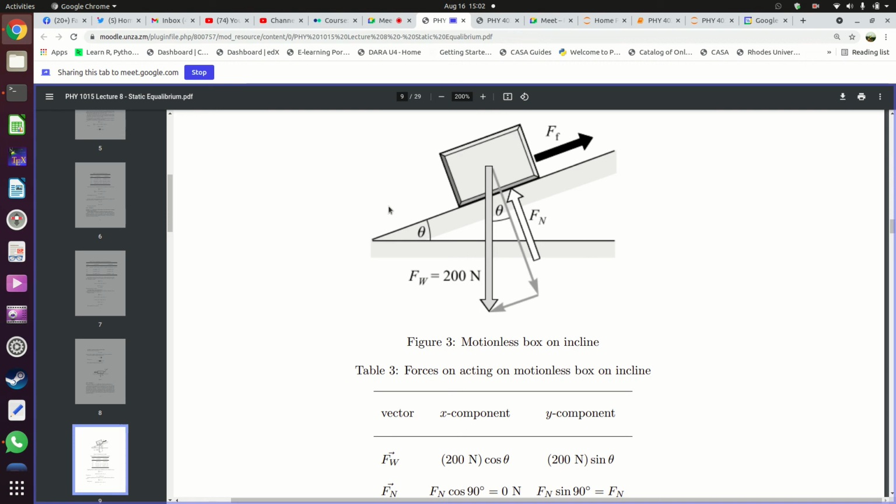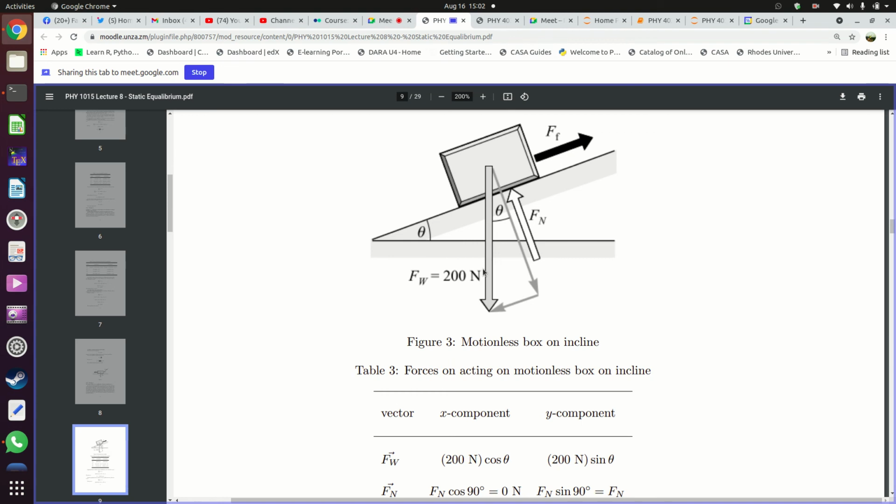You can put an XY plane over this box. The direction in which the box is going to slide, or tends to move, becomes our positive x-axis. So our positive x-axis is like this, and this will become our y-axis.